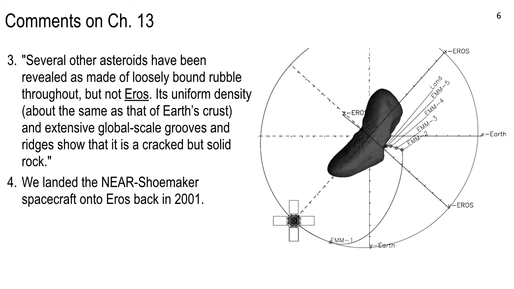But eventually, if you do a bunch of orbits, as NEAR Shoemaker did, you'll know the strength of the gravitational field pretty much everywhere. And so you can figure out, looking at your fuel, that they had a little bit of fuel left in the maneuvering rockets. And then they thought, okay, let's see if we can get this down.